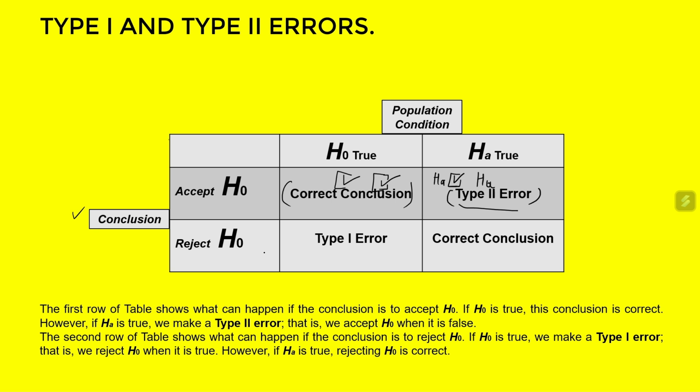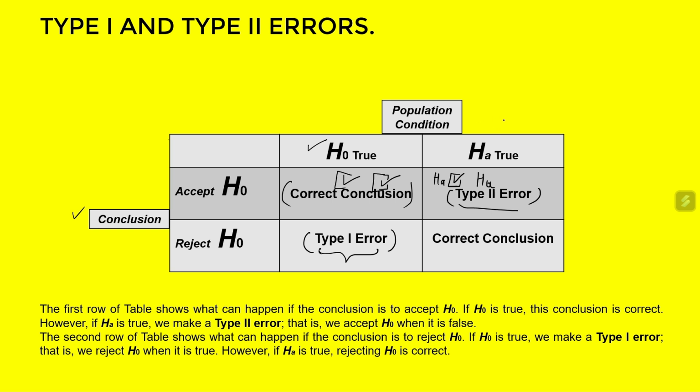Similarly, in the third case, if your null hypothesis is true but you are rejecting the null hypothesis, this results in a type 1 error. You are saying the population condition H0 is true, but you are not accepting it, you are rejecting it, so this comes under type 1 error.